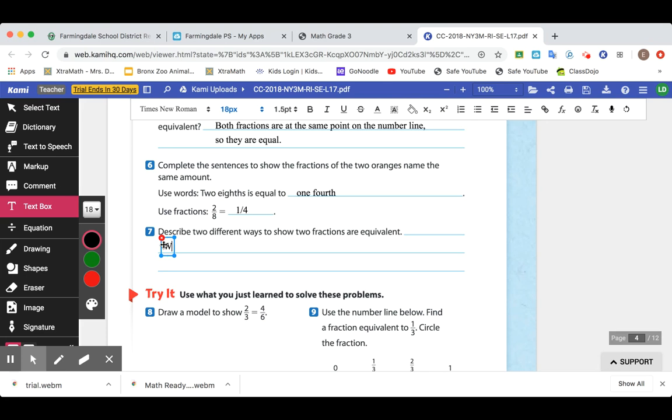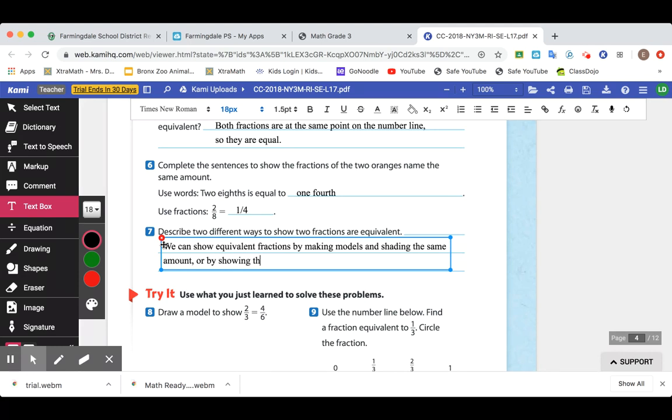We can show equivalent fractions by making models and shading the same amount, or by showing them on the same point on a number line.